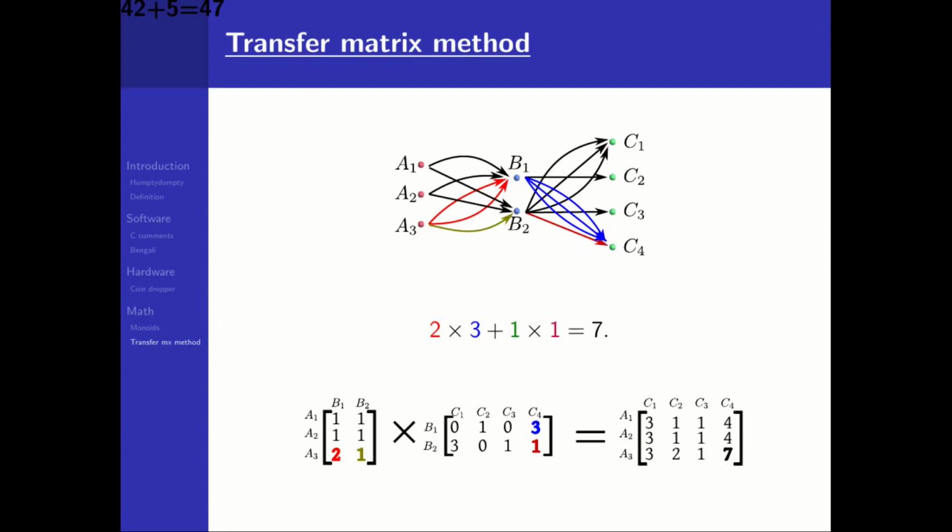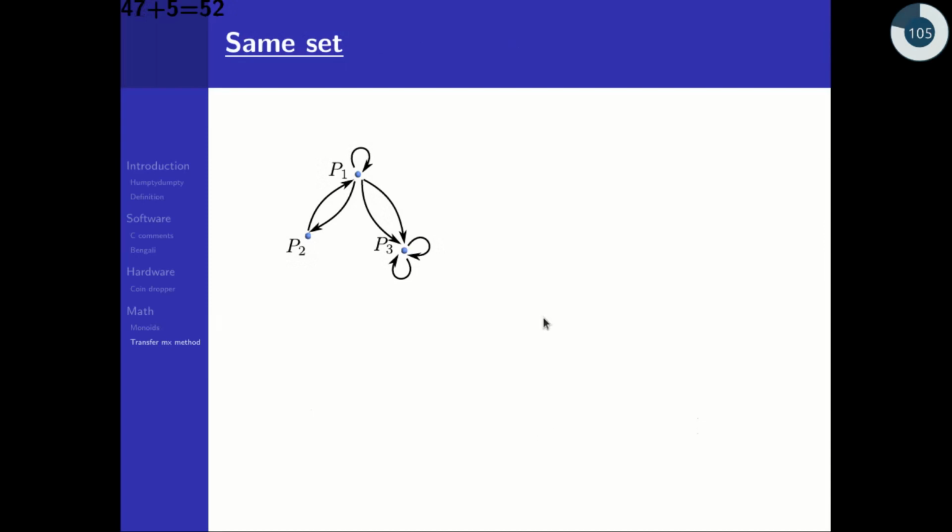Now let us see when we are working with the same set. Earlier we had the A's, from that we went to the B's, from there we went to the C's, but here I have only P1, P2, P3, and here are the airlines that are connecting them together. Here also you can think of a transfer matrix which will be a square.